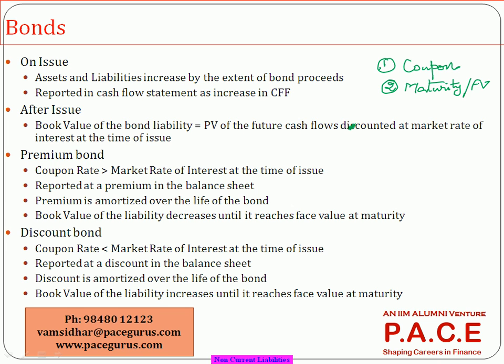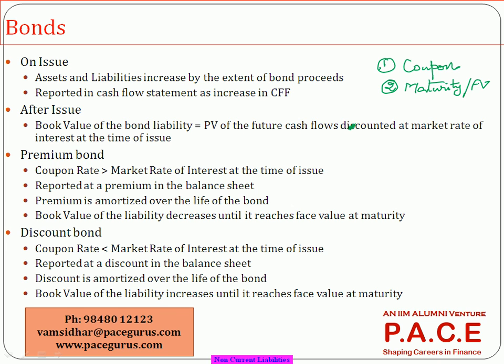So whatever is that amount that is paid every year is what we call coupon. In some cases, it can be exactly equal to interest. In some cases, it can be more than interest. In some cases, it can be less than interest also. That's the reason we don't equate coupon to interest.